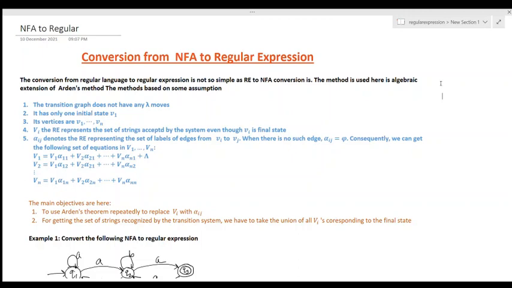Before using that RS method, we have to make some assumptions. First, the transition graph shouldn't have any lambda transition. It should have only one start state, and we can name the states as v1 to vn.